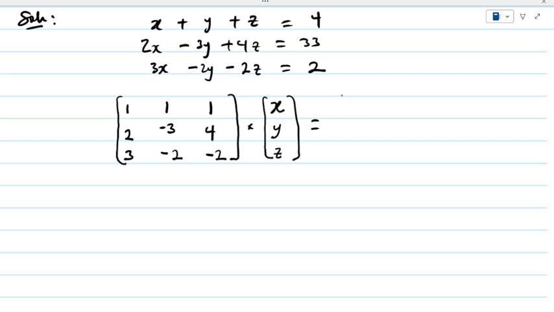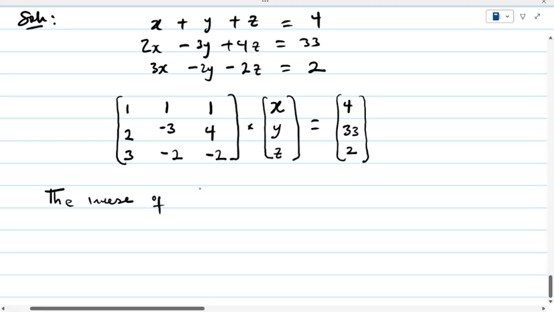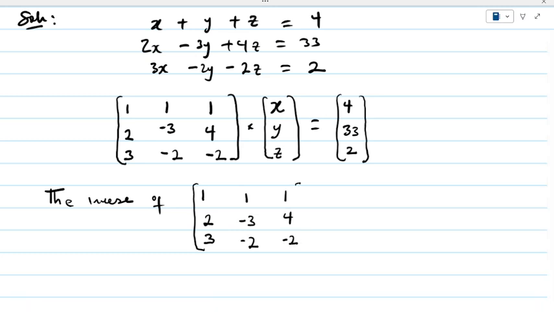Then equate it to the constants 4, 33, and then 2. So the next step is to find the inverse of 1, 2, 3, 1, minus 3, minus 2, 1, 4, minus 2.